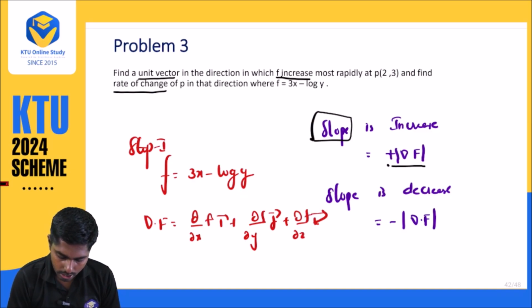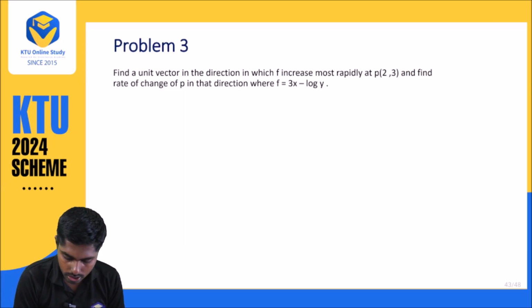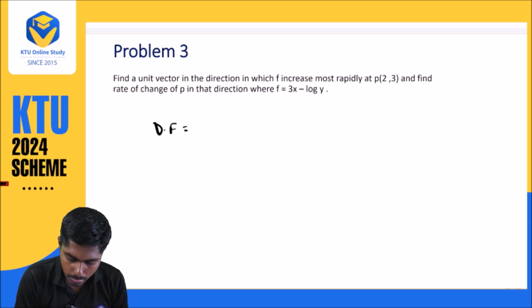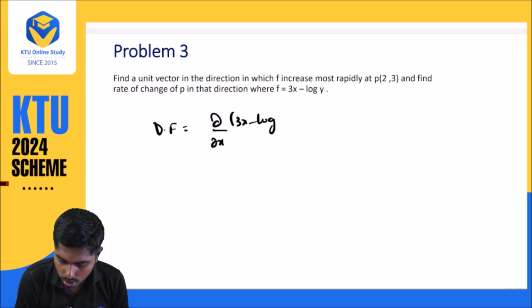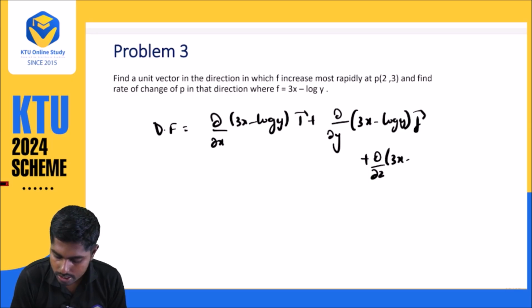So gradient f is dou by dou x of 3x minus log y i vector plus dou by dou y of 3x minus log y j vector plus dou by dou z of 3x minus log y k vector.